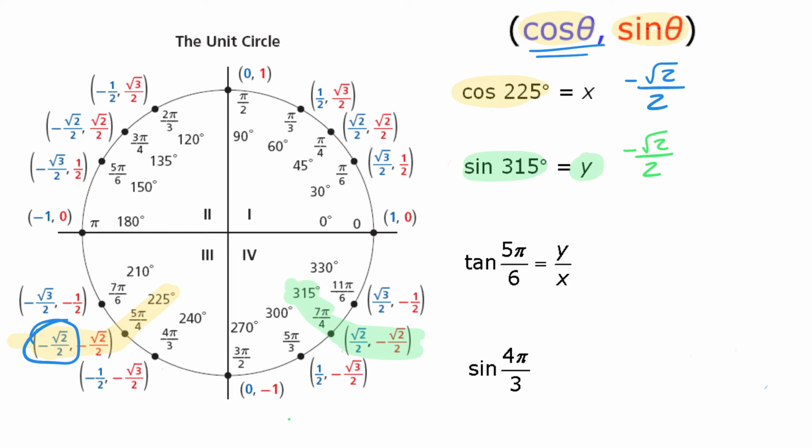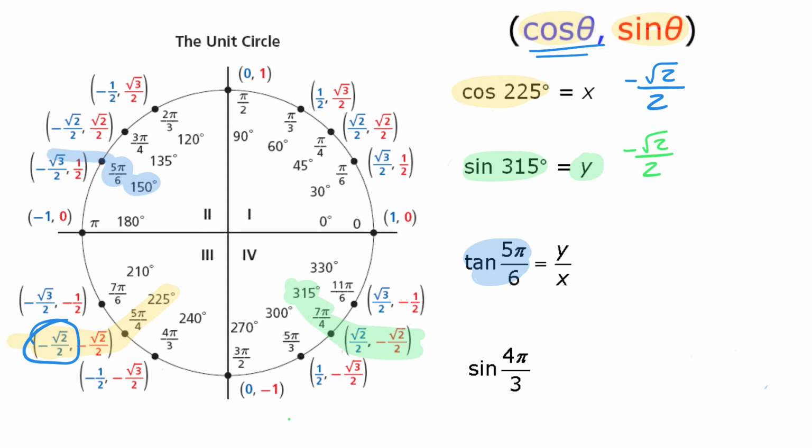And here's where we're going to get a chance to use the tangent. You can see my stuff is off the screen here. If you have yours written down, well, then all you've got to do is reference that number. But I don't have the luxury here. So what I'm looking for is the tan of 5 pi over 6. Well, 5 pi over 6 is right here.